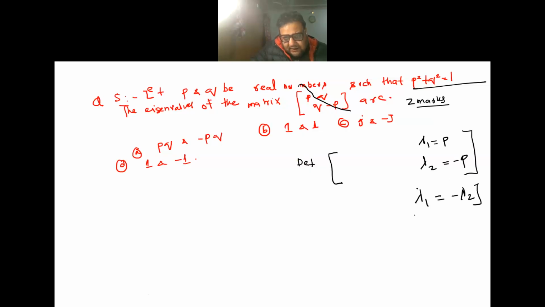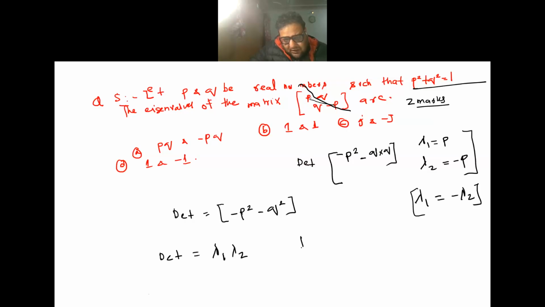The determinant, by cross multiplying, is minus P square minus Q square. Also, the determinant is equal to lambda 1 into lambda 2, so lambda 1 into lambda 2 is minus (P square plus Q square). Using the given condition P square plus Q square is equal to 1, lambda 1 into lambda 2 is minus 1.